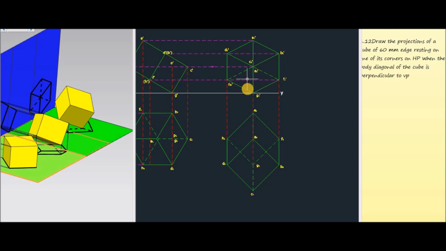When we are observing from the front side, all the outer edges will be visible, so they are represented by thick lines, and the back side edges will not be visible, so they are represented by dotted lines. So this is the final front view of the question, and this one is the final top view of the question.